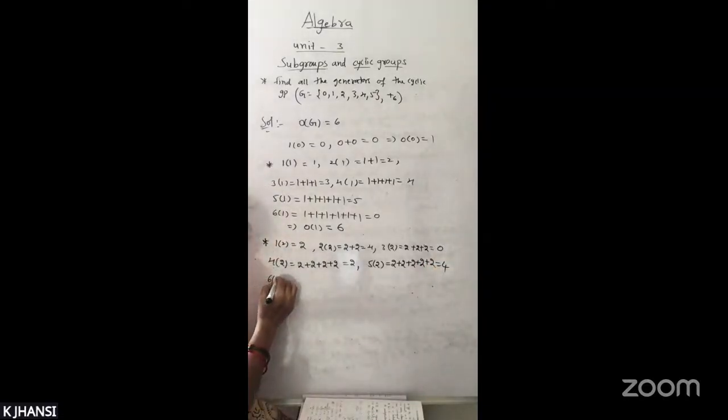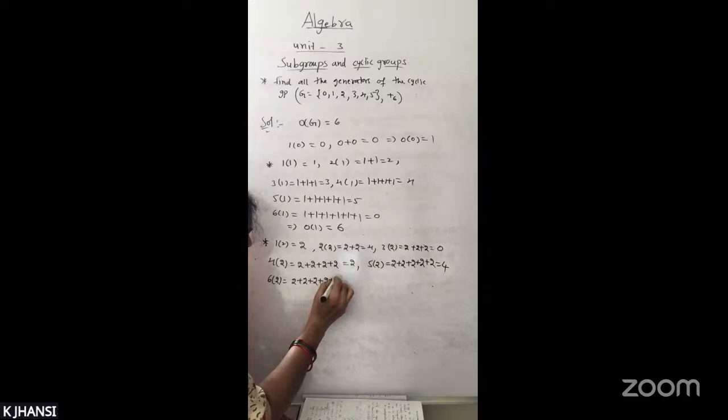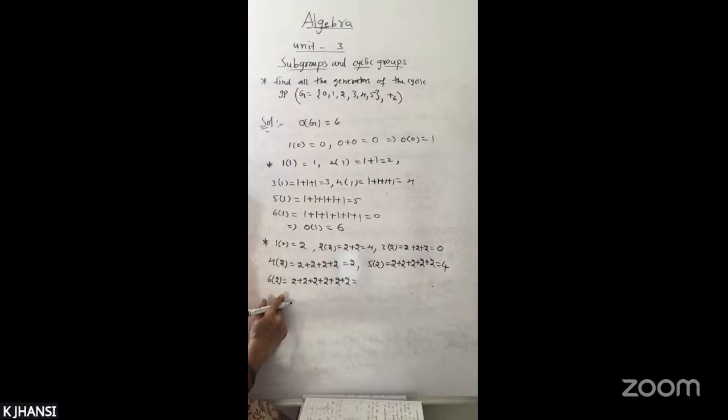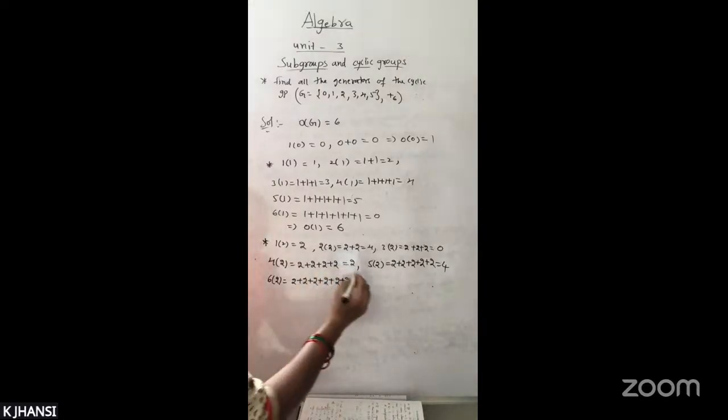Next, 6 times of 2 means six 2s, which is 12. 12 means 0, because addition modulo 6 is there, so you will get 0.